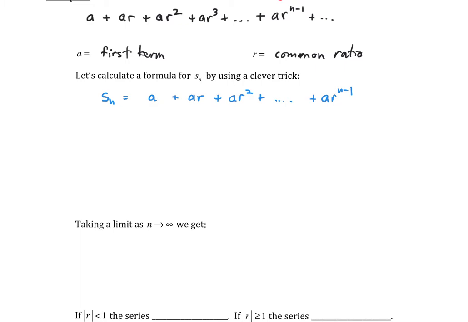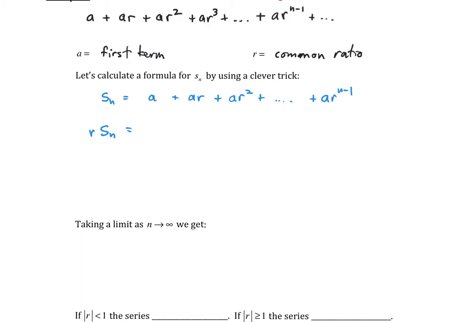Okay. And then we're going to do a clever trick here. We're going to take this series and multiply it by the number R. So we're going to take R times Sn like this. And when I do that, what am I going to get? Well, I'm going to get A times R as the first term. But when I write it down, I'm going to write it in the second slot here.